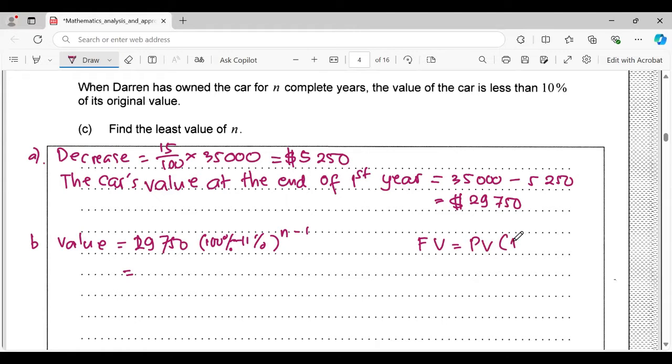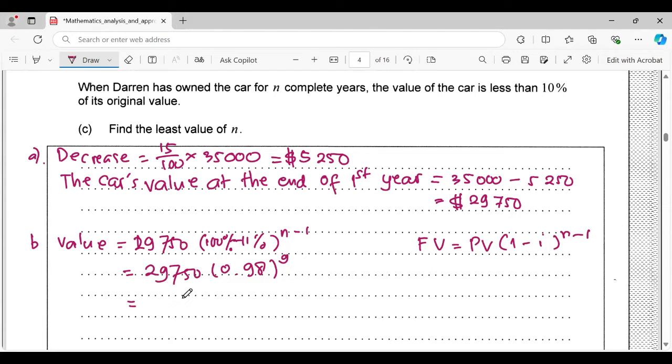One minus i. But I already used 100 minus 11, or 1 minus 0.11, no problem. It's going to be 29,750 times 0.89 to the power of 9, because 10 minus 1.